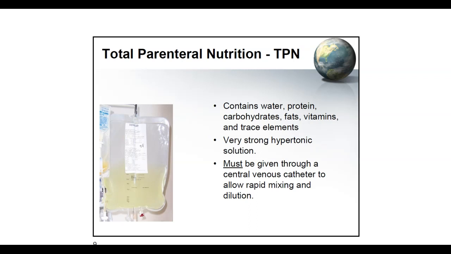Because it has so many things or particles within the fluid, this is considered a very hypertonic solution. Again, it has so many things in there that it's very highly concentrated, and because of that high concentration, it can be very irritating to the vessels.